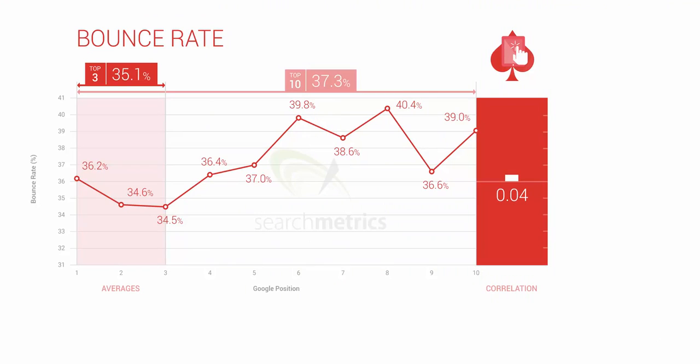Let's come to the research of search metrics. The bounce rate indicates to Google how happy are your users after reading your content. So higher the happiness of users or higher the satisfaction of users, lower will be the bounce rate.